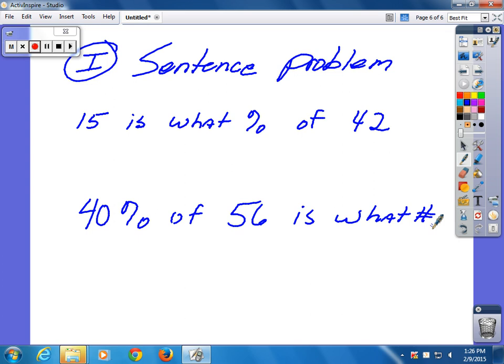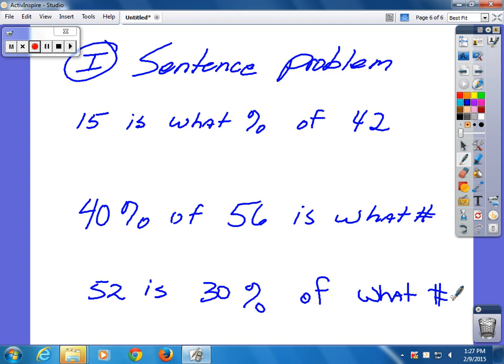And I can think of the next one is, let's see, 52 is 30% of what number? There's your three types of questions you'll see with a sentence type question.